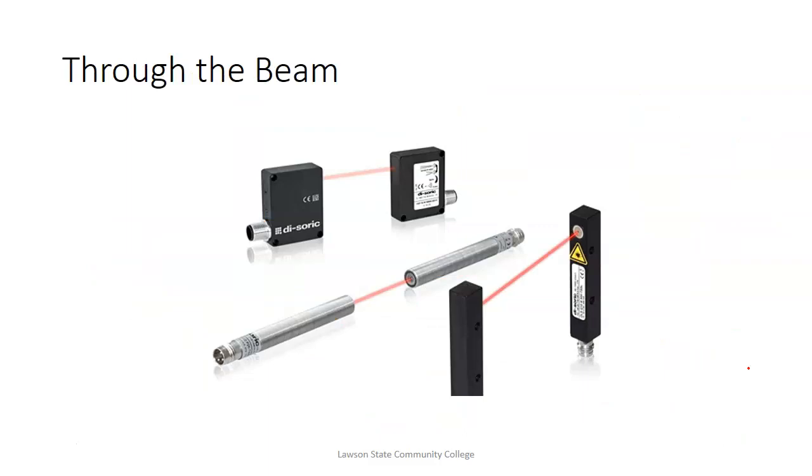So through the beam, these are examples of through the beams. We have one of those on the Amatro line. We probably have about 3 or 4 of them on the Festo line. Well, we have more than that. A diffuse sensor, we have one of those on the Amatro line.